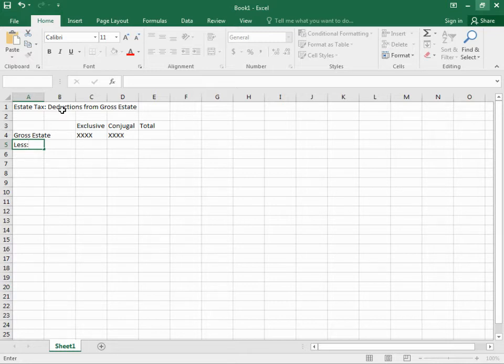What are the portions of those properties to be excluded in the computation of estate tax? First deduction would be the so-called ordinary deductions. Okay? So under the ordinary deductions, we have one, claims against the estate. So what are these claims against the estate?